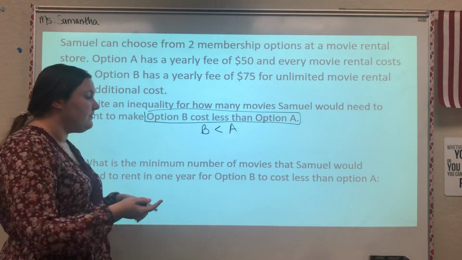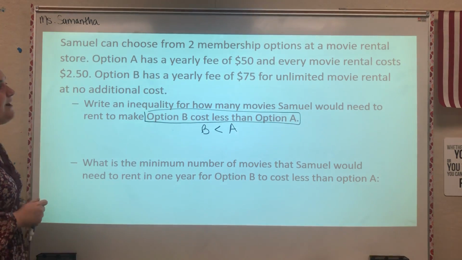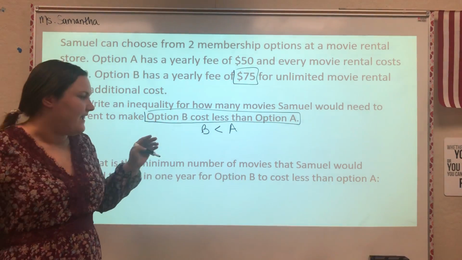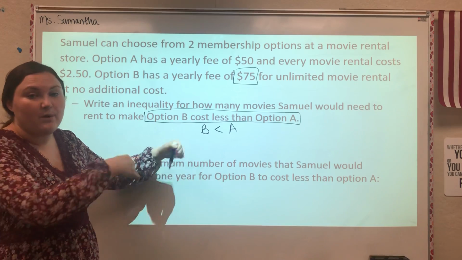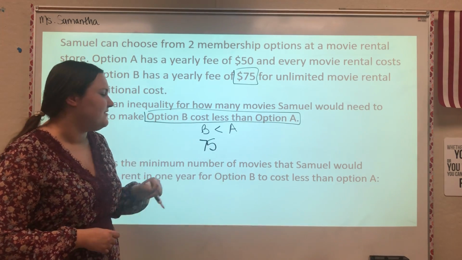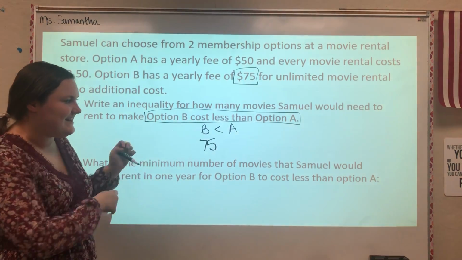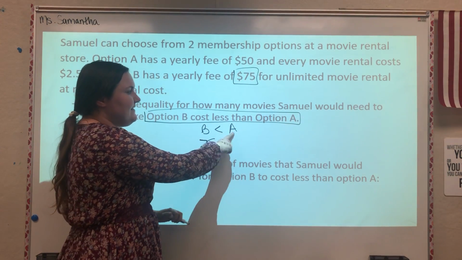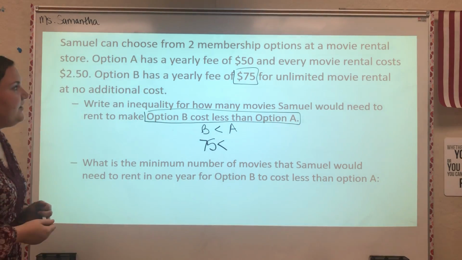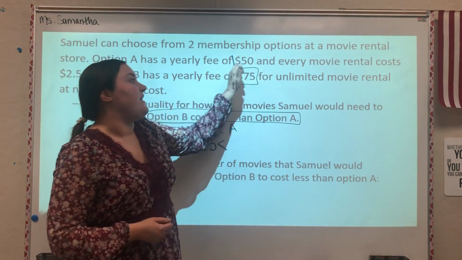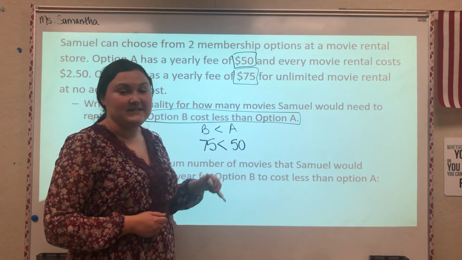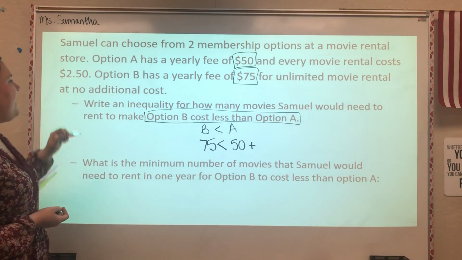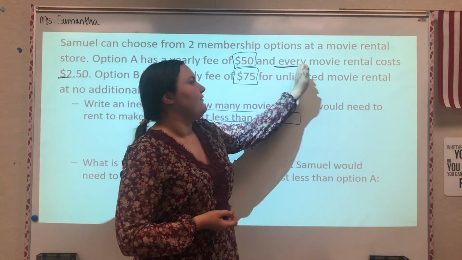We already said earlier, option B, what are you paying? You're paying $75 one time, nothing else. So instead of saying option B, I'm going to write what we're paying for option B: $75 one time. I'm not adding in anything else. We want option B, which is the $75, to be less than option A. What do you pay for option A? You pay the $50 one time, but you are also paying $2.50 for every movie.